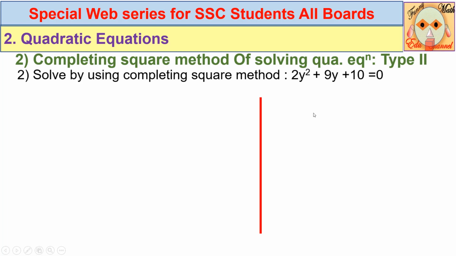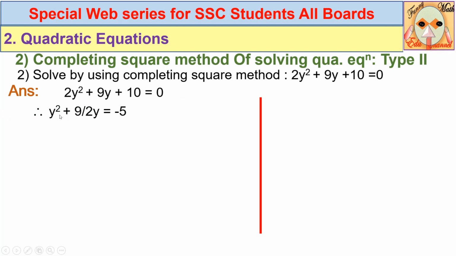So what we have here, see, I have to write this equation, shifting this 10 to the right and dividing by 2. Then what we get? Dividing by 2 you get y square plus 9 upon 2 y equal to minus 5.